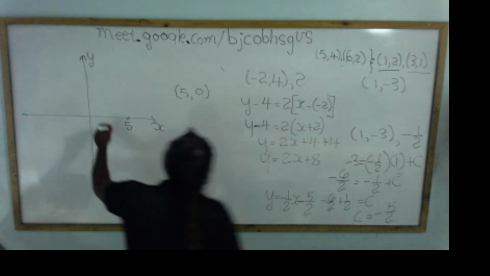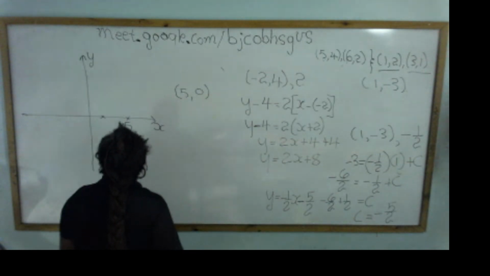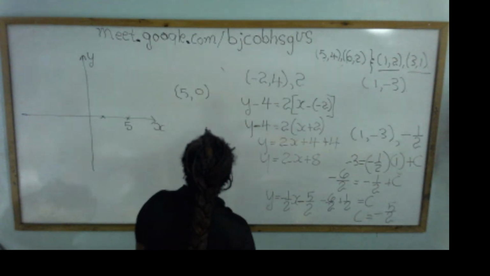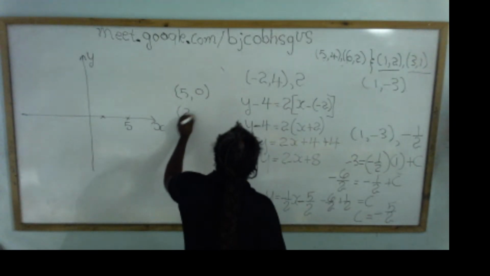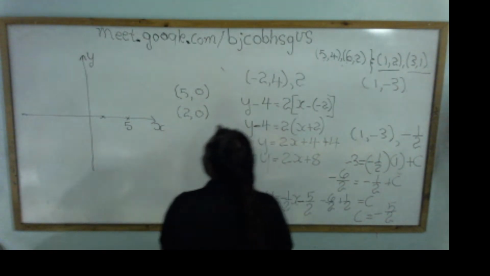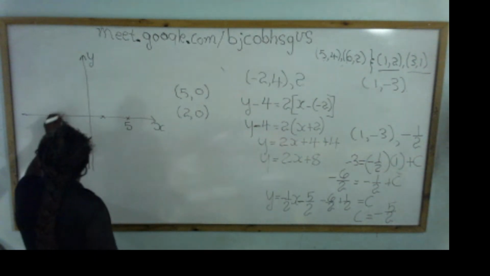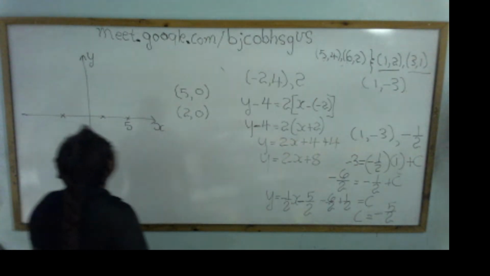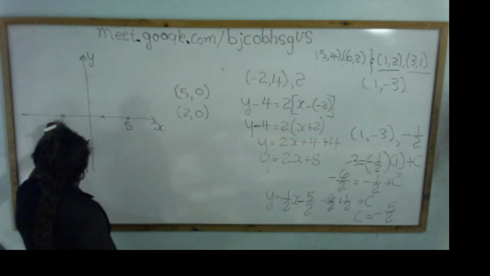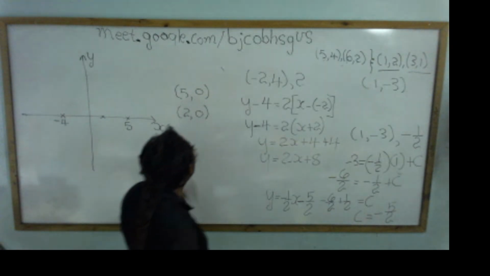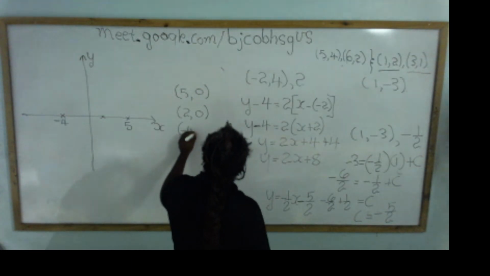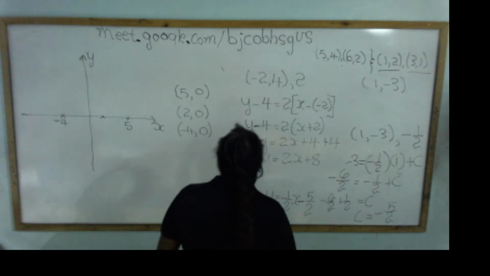And if you put another one here, at 2, it will be 2 for the x and 0 for the y. And if you put one over here, at -4, it will be -4 for the x and 0 for the y.